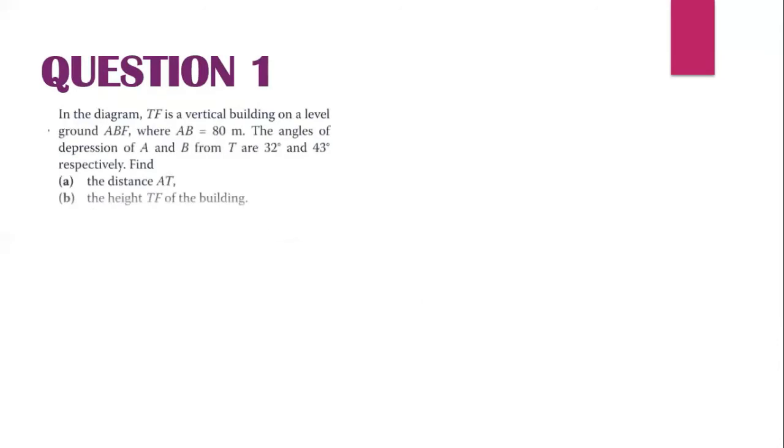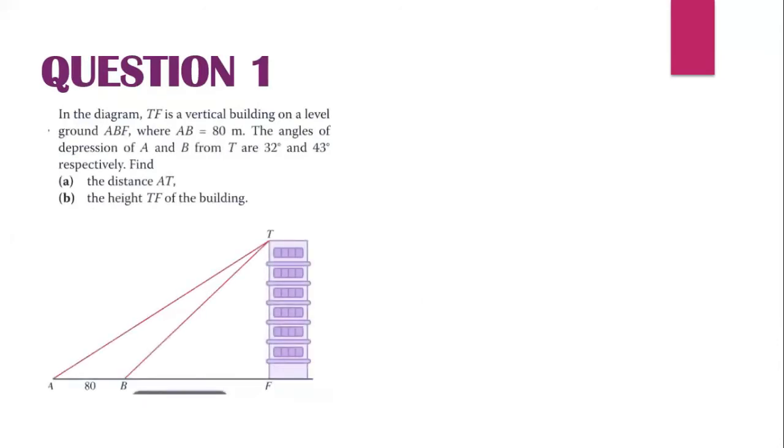Okay, students, we go to question 1 to make everything about the angle of elevation and depression very clear. In the diagram, TF is a vertical building on a level ground ABF, where AB is 80 meters.